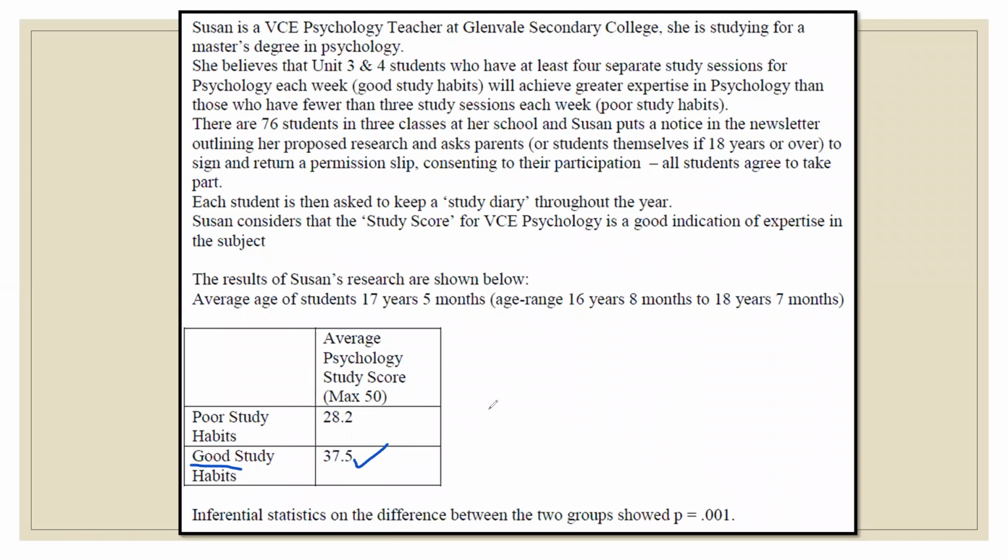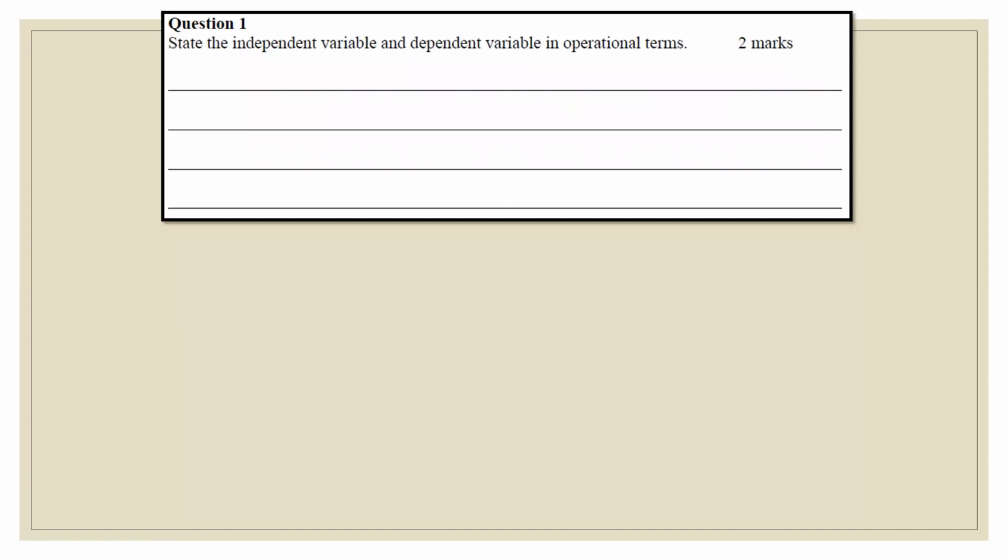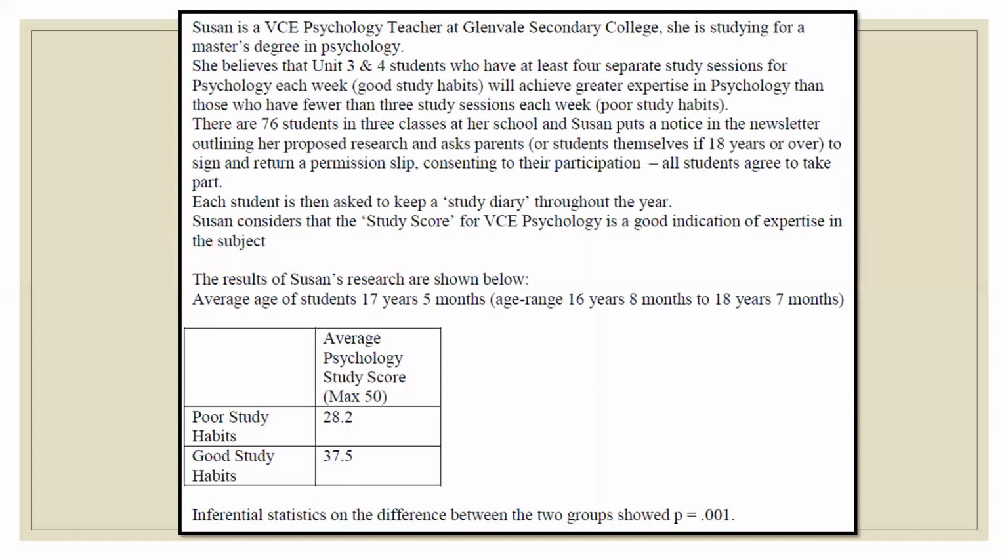So that's the basic idea, and that's how you should always be annotating a research scenario, particularly a larger research scenario like this one. Okay guys, now over to you to try these questions out. The first question is, state the independent variable and dependent variable in operational terms, or basically operationalized. I'm going to flip back to the previous slide because this is where our information is.